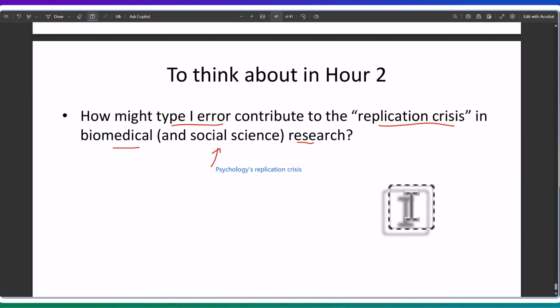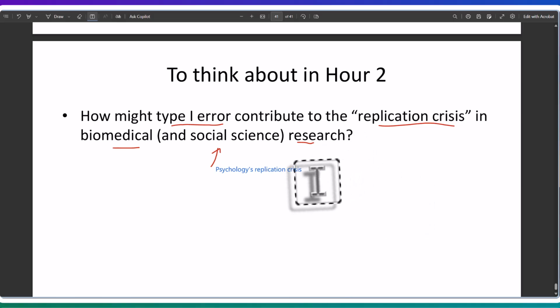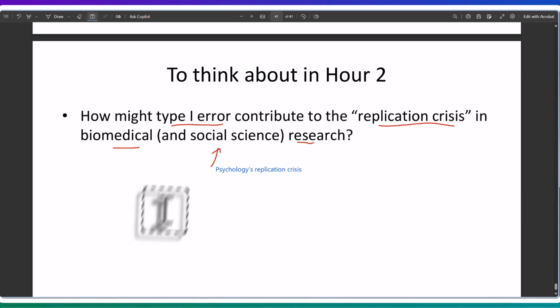But how is it that type 1 error and our social conventions for how we decide on publishing research, how we have identified the gateway to getting published with p-values, how has that contributed to the replication crisis? And we will pick up on that in hour 2.